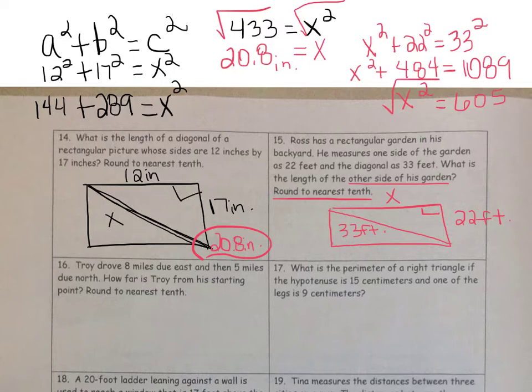Then you need to go on your calculator and take the square root, which is the second x squared button, of 605, and you should get 24.6 feet.